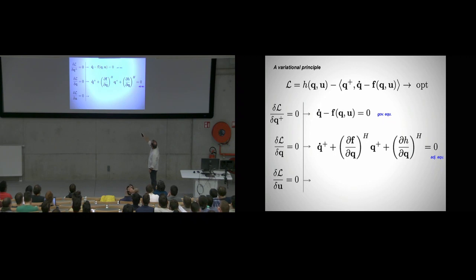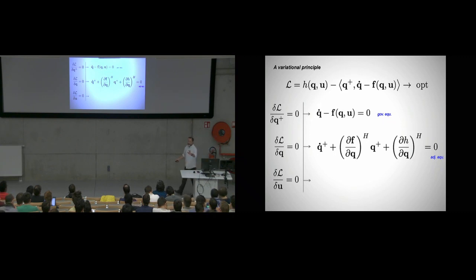And that one is the Q plus component from the multiplication of these two terms. So three terms in that equation. We see that we get our original evolution equation back, but now we also get an equation for the Lagrange multiplier. That one has its own equation, and that thing is called the adjoint equation, because the Lagrange multipliers are also known as the adjoint variables.